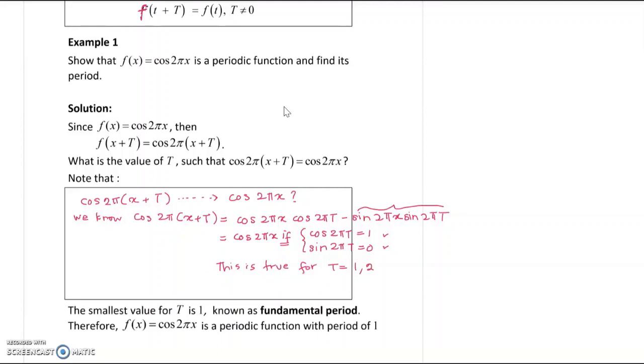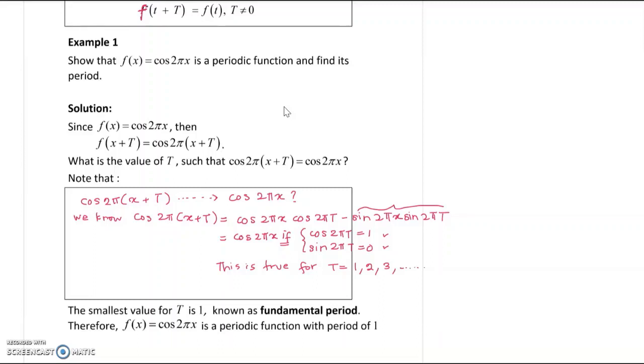So we have cos 4 pi, which is 1, and sine 4 pi, which is 0. And it is also true if t equals 3, even t equals 4, 5, and so on up to positive infinity. So basically we have t equals 1, 2, 3, and so on.